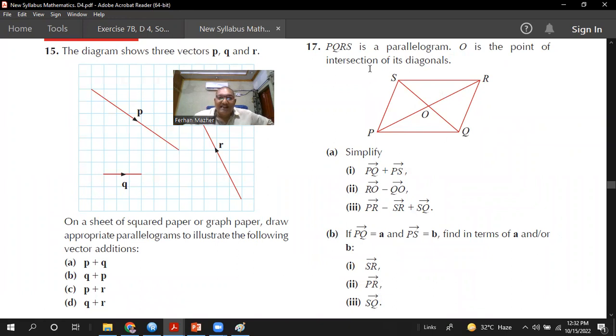What will be their resultant? They are the adjacent sides of the parallelogram, so their resultant will be this diagonal PR. This is the parallelogram law. PQ plus PS will be PR according to the parallelogram law. PR is their resultant.